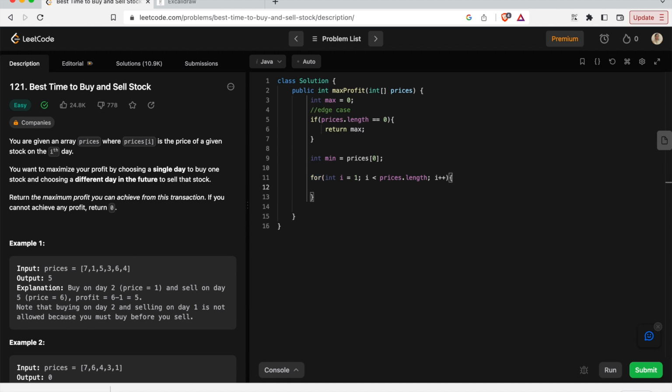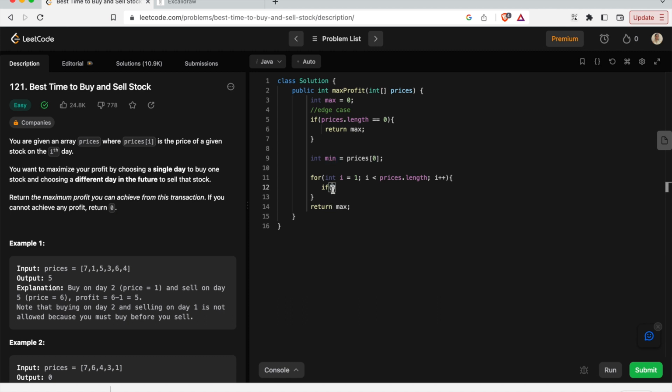It will find the maximum profit I can get by selling and buying the stock. I'm simply maintaining the minimum element always.